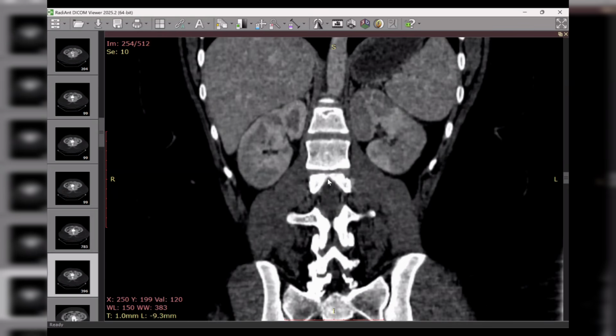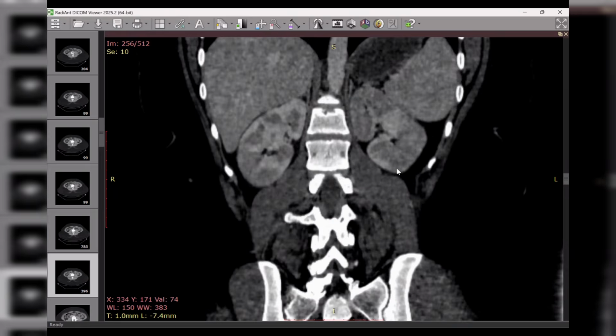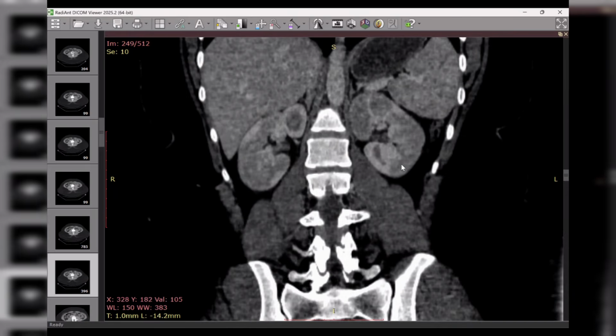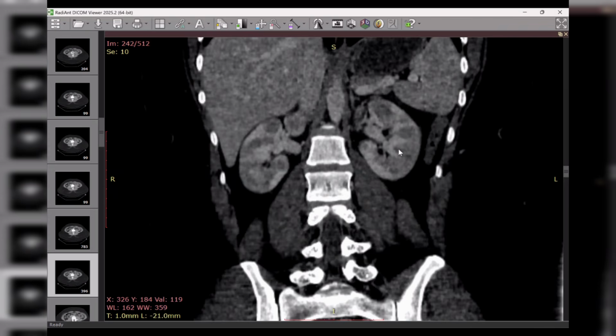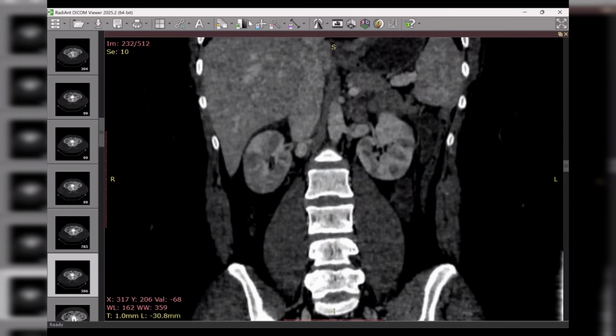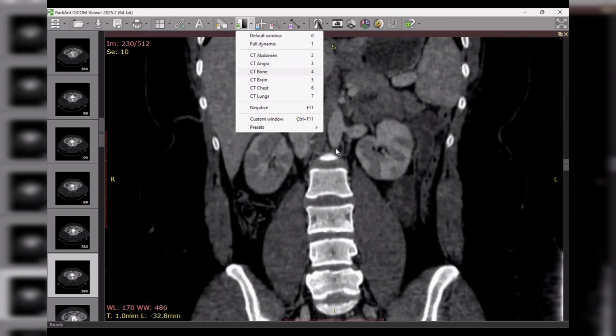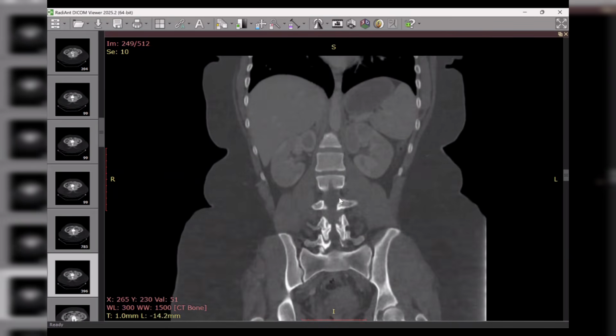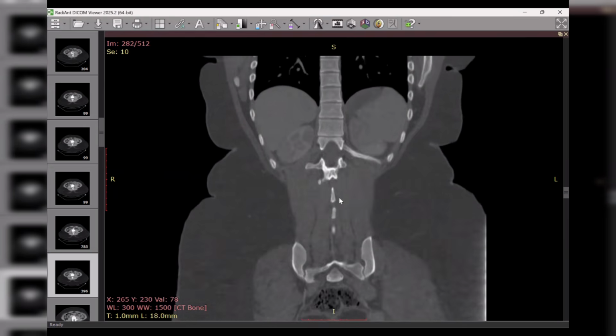So this is multifocal, hypodense, non-enhancing, involving both the renal cortex and medulla. Then I immediately scrolled to the bone window, like this one. I saw there is no evidence of any hemolytic disease.